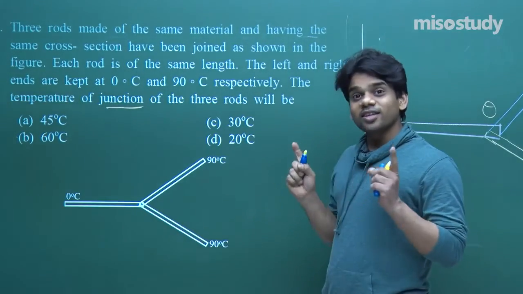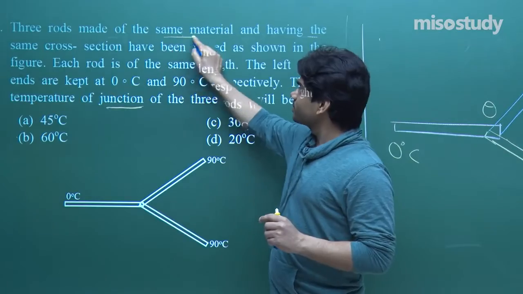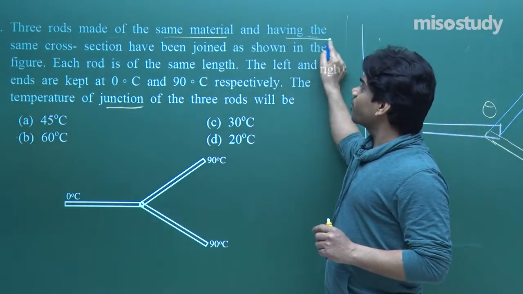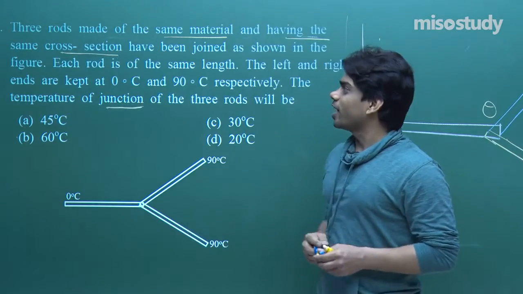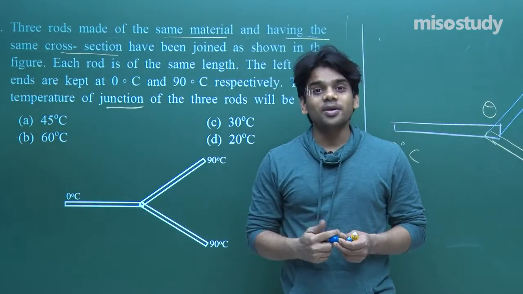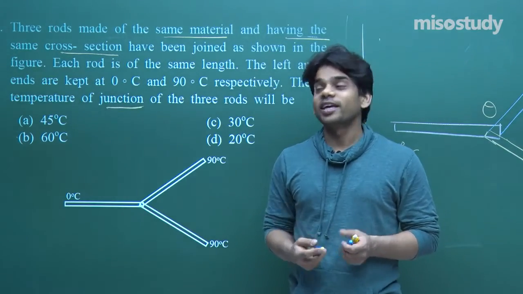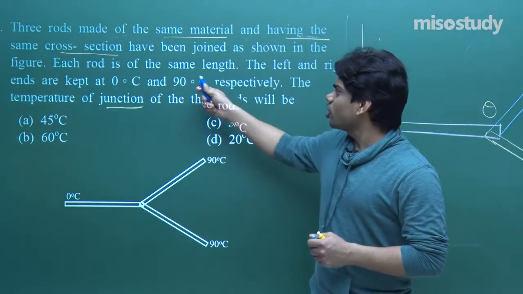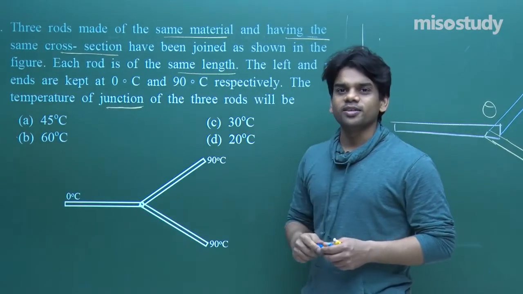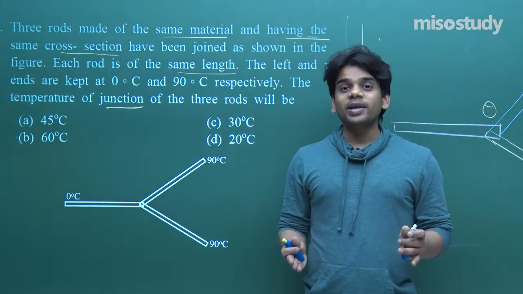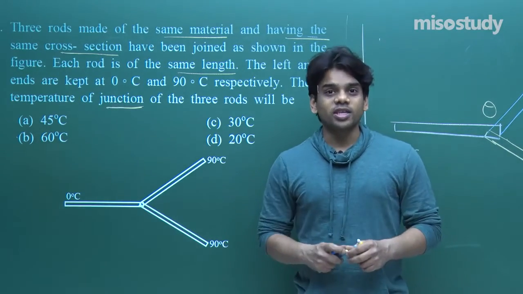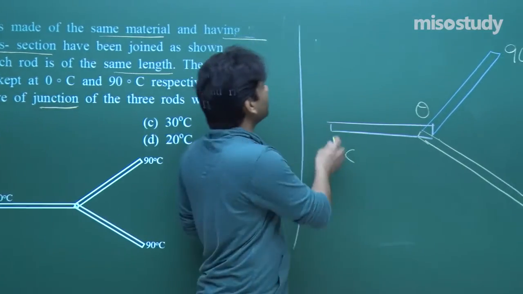Now you see the 3 rods are of the same material, having the same cross section, and have been joined as shown in the figure. Having the same cross section means having the same area of cross section, and each rod is of the same length also, that's given separately. Now you know that if the rods are of the same material, same length and same area of cross section, their resistance will be equal.